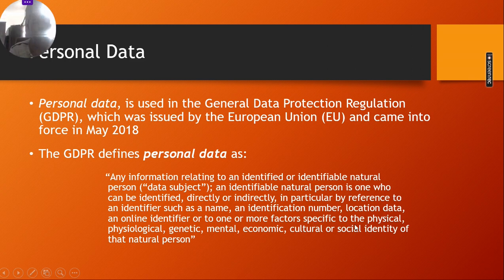Your location data could be an identifier, and an online identifier could also be an identifier, or one or more factors specific to the physical, psychological, genetic, mental, economic, cultural, and social identity of that natural person. So personal data only belongs to a natural human being, according to the GDPR, the General Data Protection Regulation developed by the European Union in May 2018.